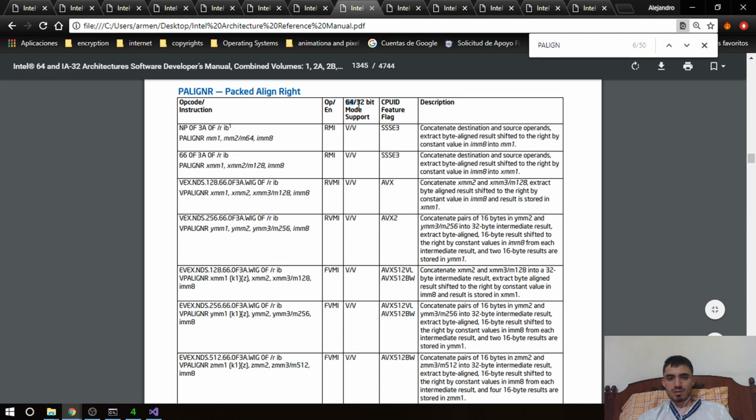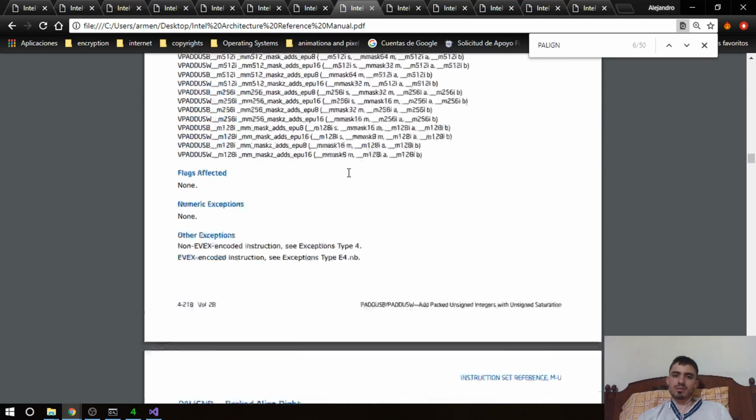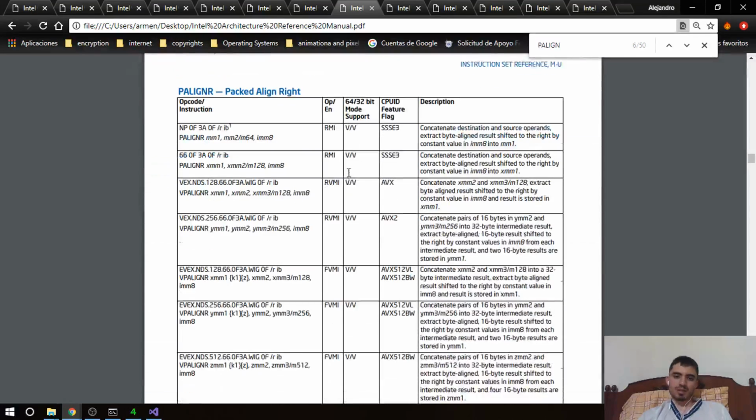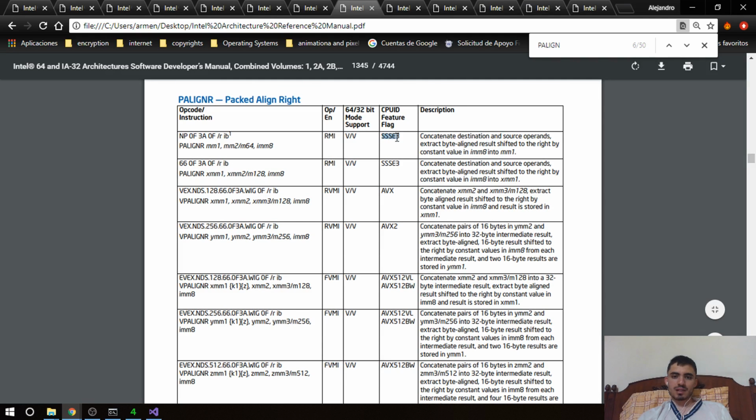Now, just think about this for a moment. The reason they put it this way: if you remember, the other ones that are not SIMD had two columns, 64-bit mode and compatibility mode. I think what it is, is that you need the feature flag to be on.